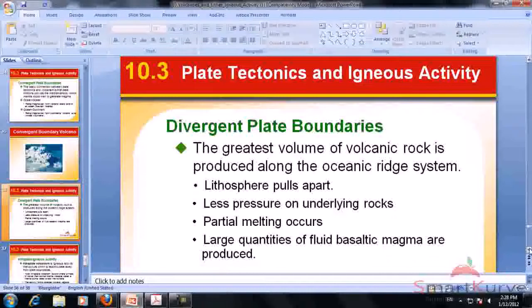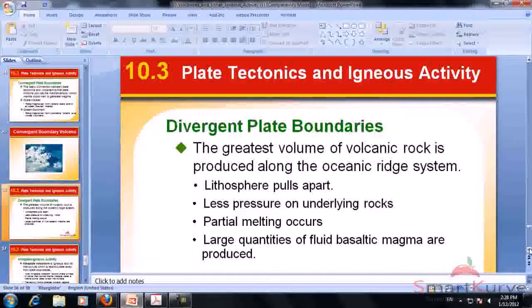All right. Divergent plate boundaries on page 36. The greatest volume of volcanic rock is produced along the ocean ridge system. This makes sense. Where is the most lava going to come to the surface? It's going to come in the places where the plates are being pulled apart.